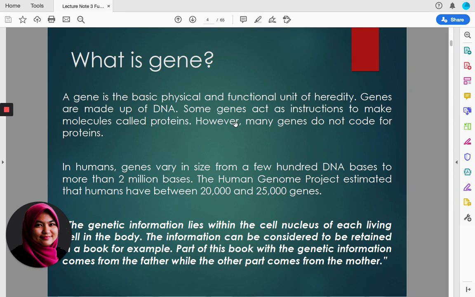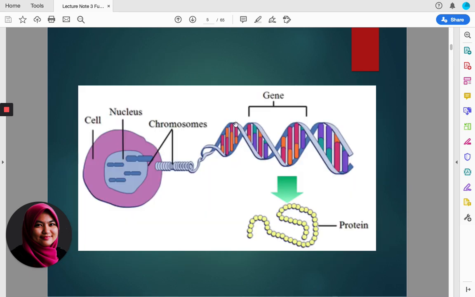The gene is also the information that can be considered to be retained in a book. Part of this book with the genetic information comes from the father, while the other part comes from the mother. You can see from the picture displayed that when you have a cell, you have a nucleus. Inside the nucleus, you have a chromosome, and inside the chromosome is all the DNA.